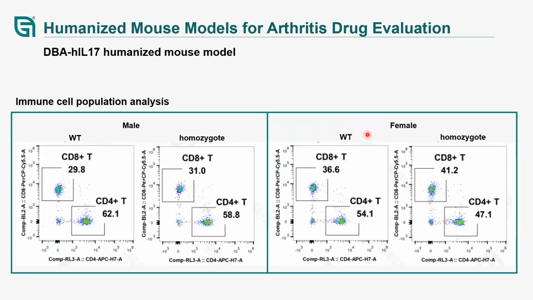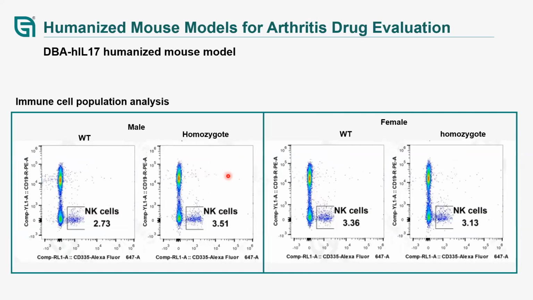The CD4 positive and CD8 positive T cell subpopulations in both male and female DBA human IL-17A mice are similar to those subpopulations observed in the wild-type DBA mice. The NK cell subpopulations measured in wild-type DBA mice and DBA humanized IL-17A mice in both males and females were also found to be quite similar.